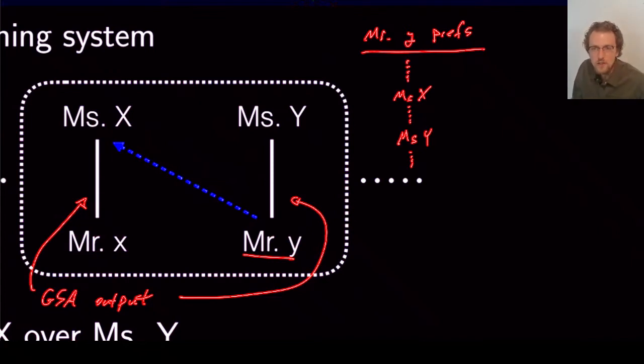Well, remember the white lines here, the matching, are the output of the Gale-Shapley algorithm. What does it mean in the algorithm if a man is matched to a person that's low down in his list? It specifically means that he would have had to propose to everybody on the list all the way down to that person.